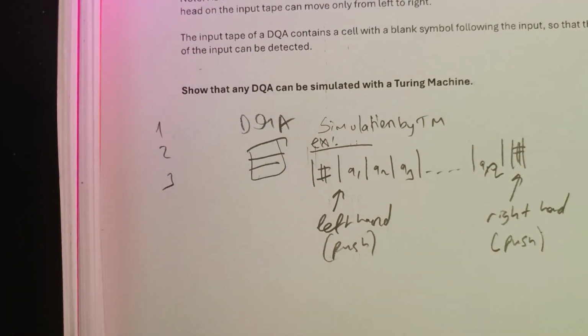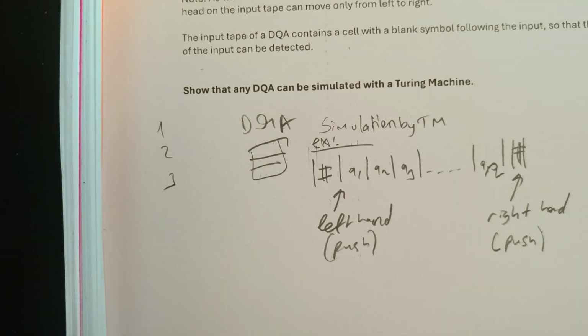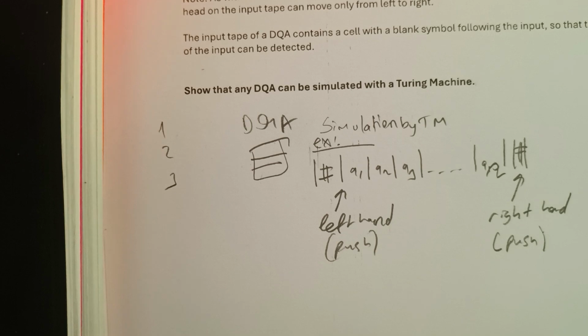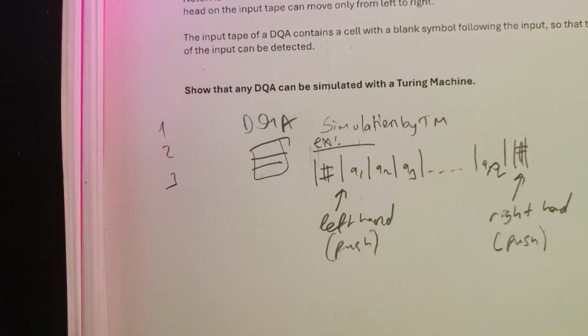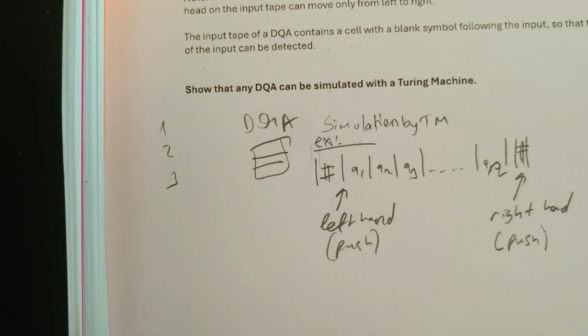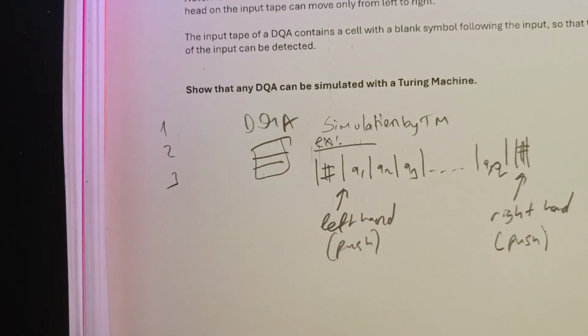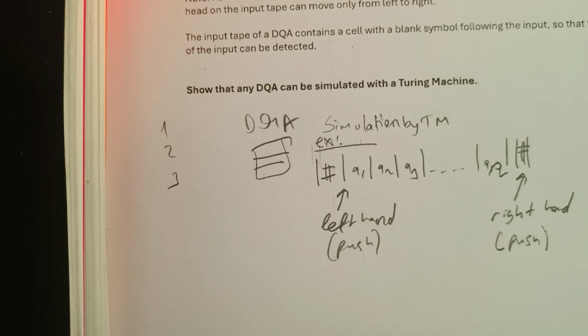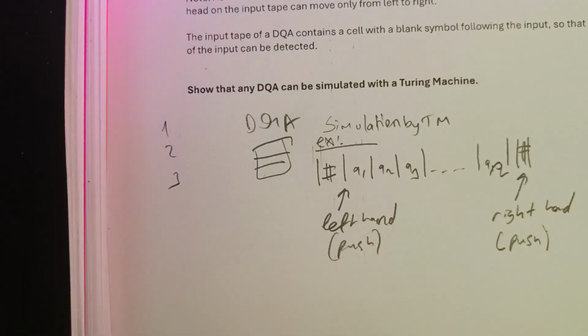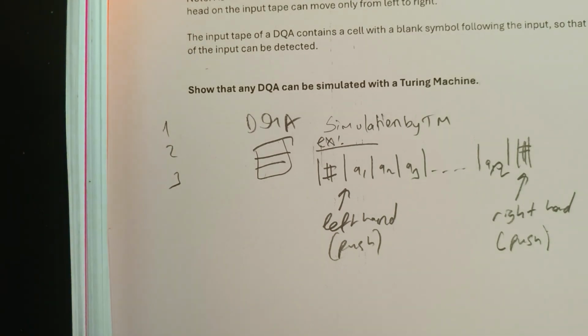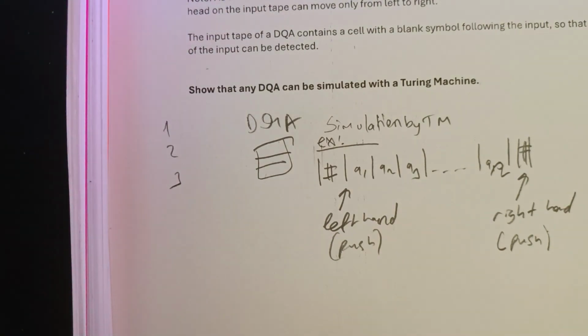A Turing machine can insert and delete tape symbols by shifting data left or right if it's a single-tape Turing machine. This is coming from the lecture, or by writing blanks over symbols and rearranging as needed.